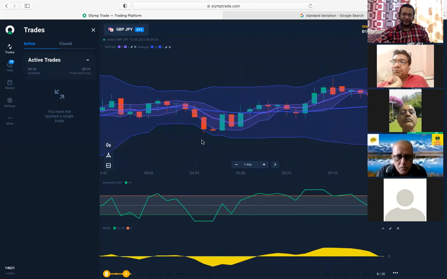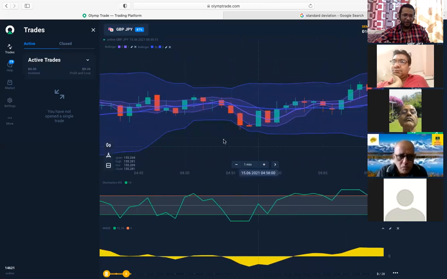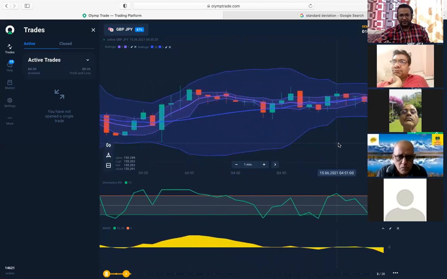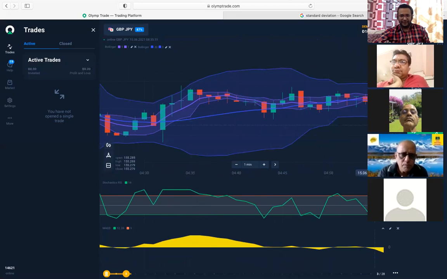Now, this is a classic example. I told you, right? Beyond standard deviation 3, the data will not exist for a long time. So look at this here. If we did not have this particular indicator, standard deviation 3, you would have said easily, excellent. This is a down candle, a red candle, it has crossed the 1 deviation. This is also showing it is down, right? Stochastic RSI has gone into the oversold region.